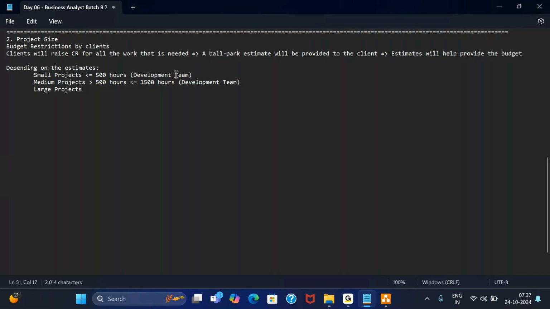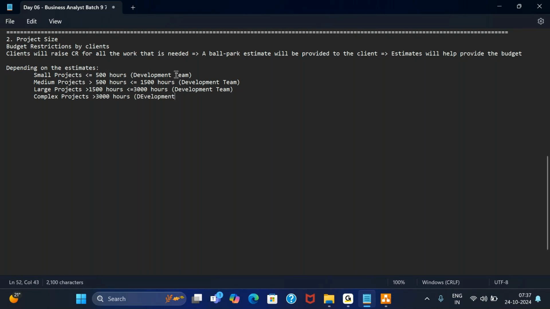These typically consume anywhere between 1500 hours to, let's say, 3000 hours. And then we have the last category called complex projects, that cover anything more than 3000 hours of effort by the development team.